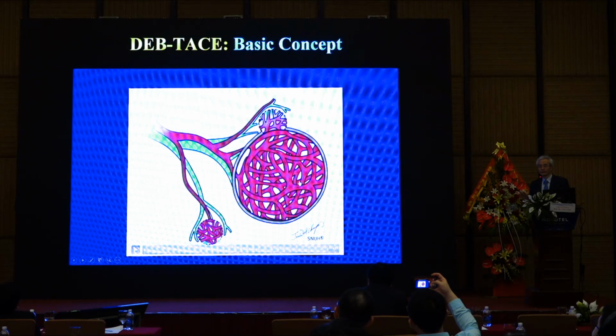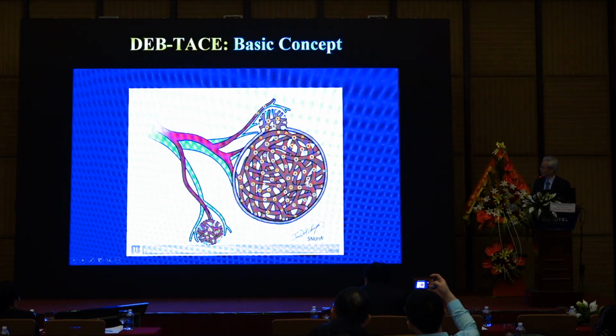This slide illustrates how DEB-TACE works. The same diagram. So if you inject microspheres, it is quite different from the previous diagram. In the previous one, the large size gel foam usually blocks the vessels outside the tumor, but microspheres basically enter into the tumor vessels.